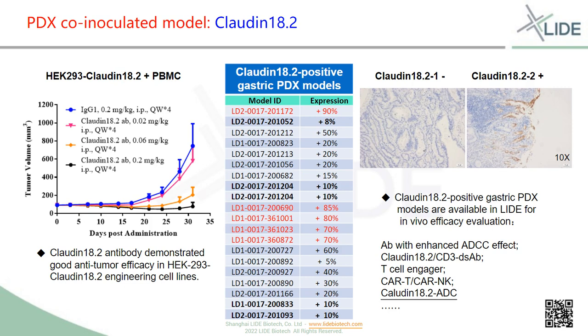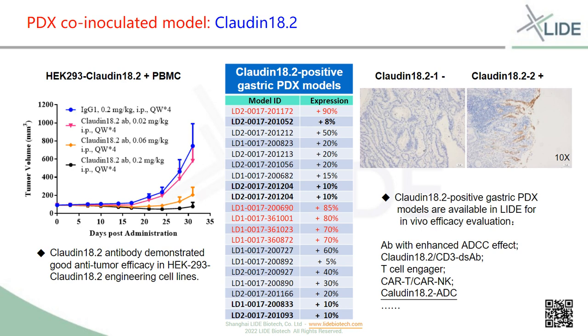We know Claudin 18.2, the subtype of Claudin 18, is a four-pass transmembrane protein. It is only limitedly expressed in differentiated, healthy epithelial cells of the gastric mucosa. However, it is significantly upregulated in a variety of malignant tumor tissues, such as gastric cancer, pancreatic cancer, and ovarian cancer.